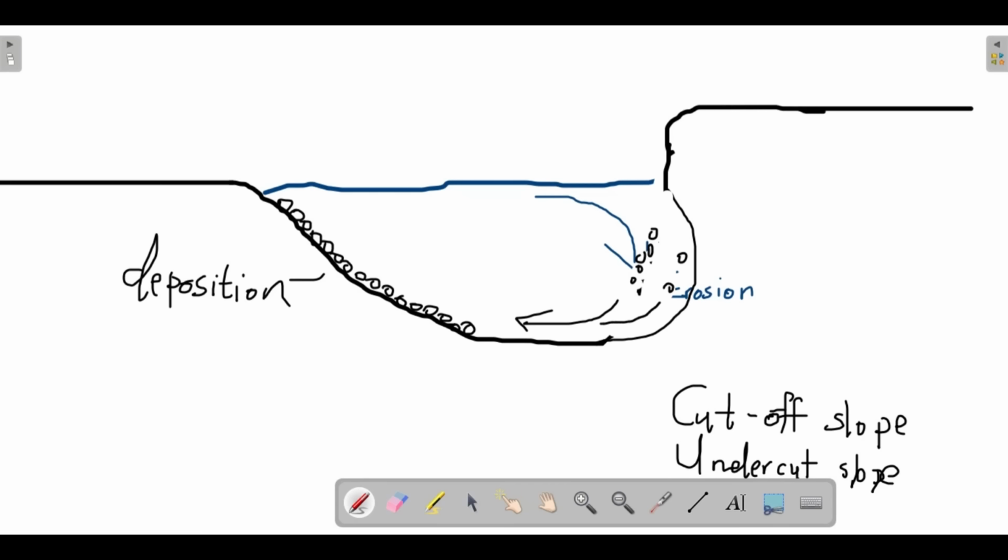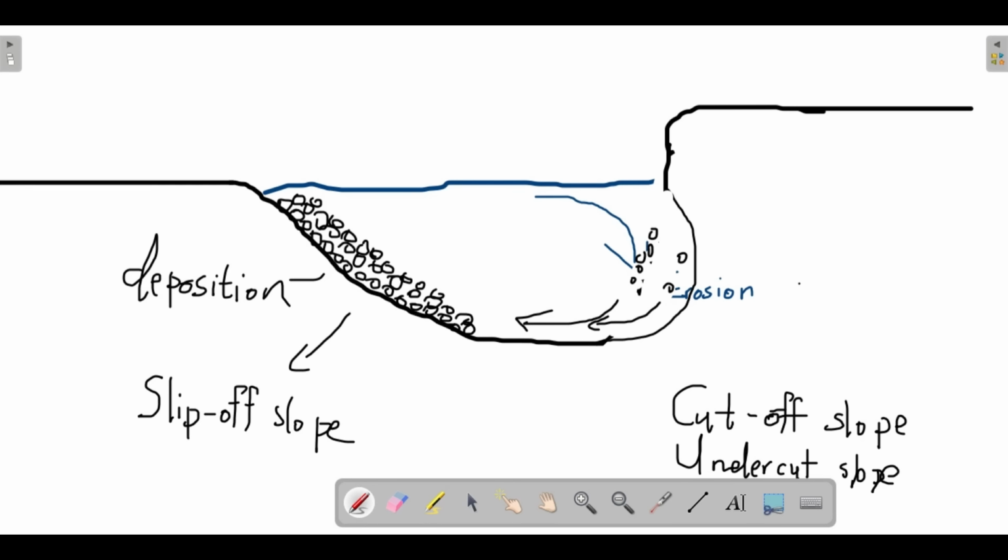This material will be dumped on the other slope, where we see deposition, which is called the slip-off slope.